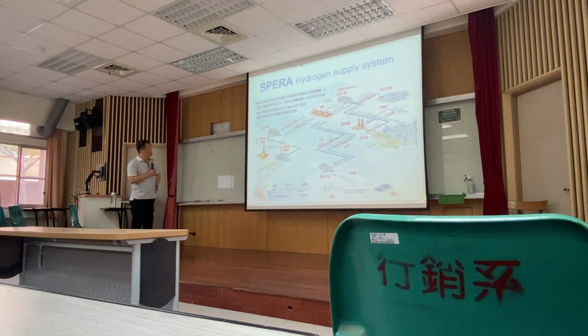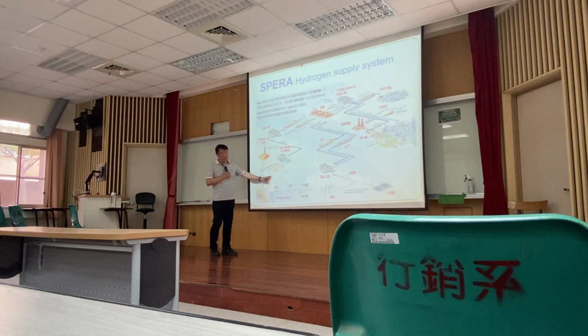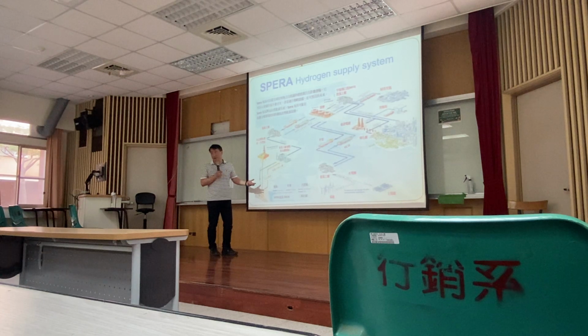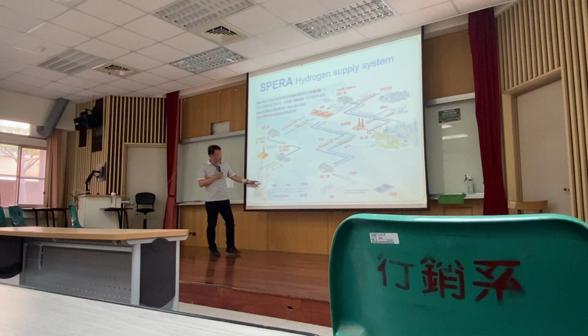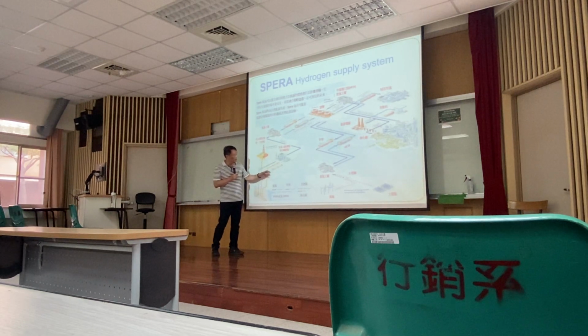Okay, we just mentioned, and actually from here we can see the hydrogen sources. Hydrogen we can get from fossil fuel, mainly from natural gas. The best source is natural gas, and from the fossil fuel you can separate it into hydrogen and carbon dioxide.